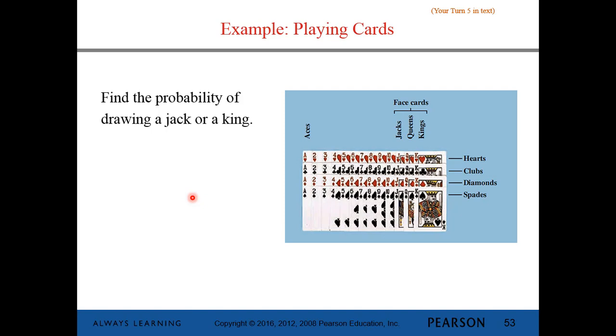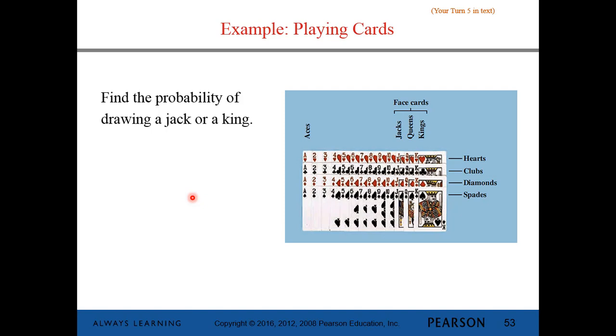And so now if I want the probability of drawing a jack or a king, then it becomes a very simple division problem. I take the number of outcomes that will give me the event, in this case, the event of either getting a jack or a king. So this would be a compound event, because of the OR statement.